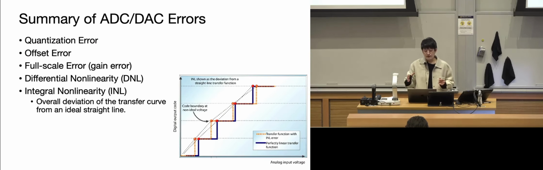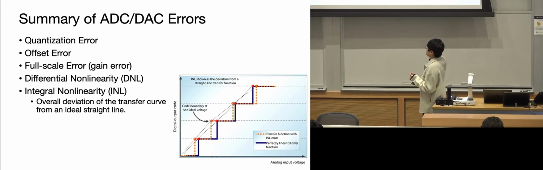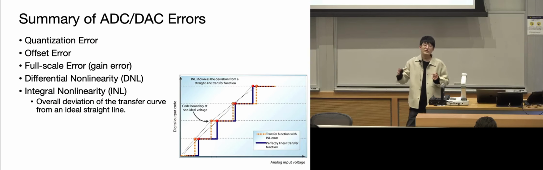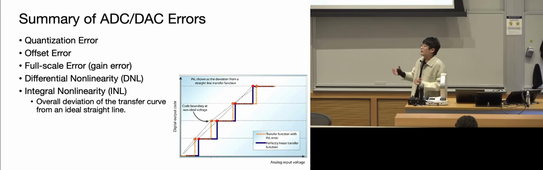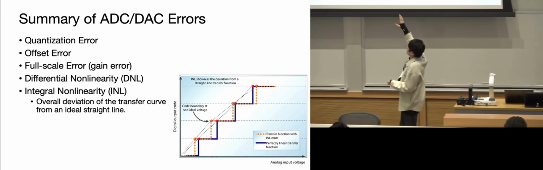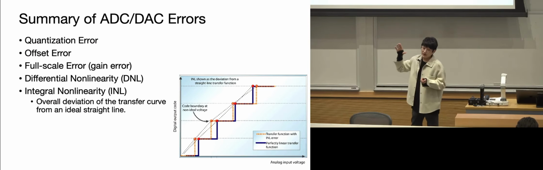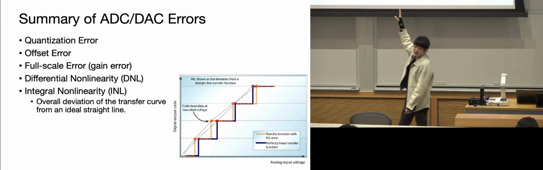And then the integral nonlinearity error is an overall deviation of the transfer curve from an ideal straight line. This is related to the differential nonlinearity, but the differential nonlinearity is a localized error bit by bit. You can think of this as an accumulated error from the DNL. On each bit, you could have an INL error. It's not necessarily calculated from the top bit, but whatever happens on that bit is what's accumulated from the bottom to that point.